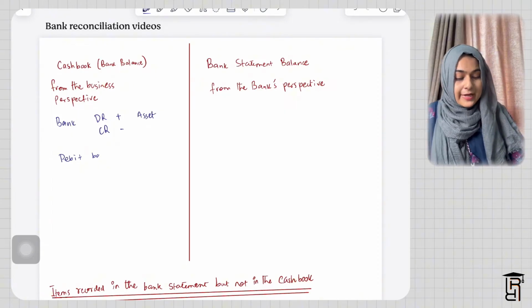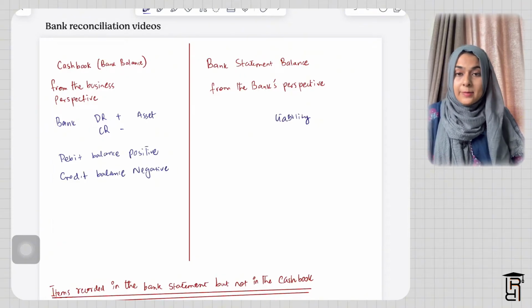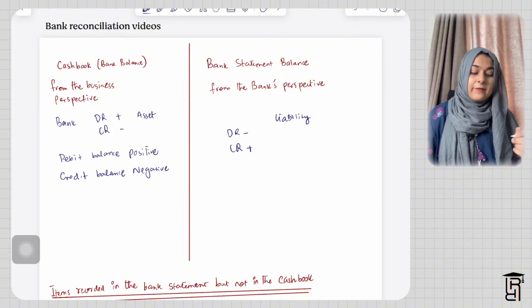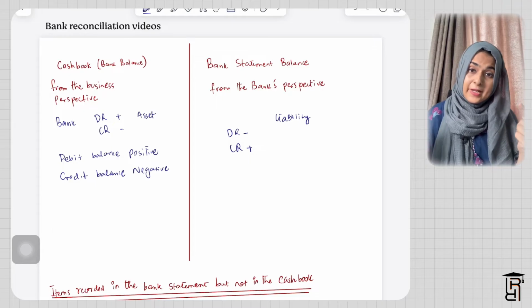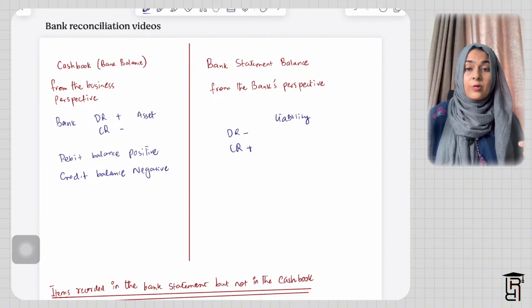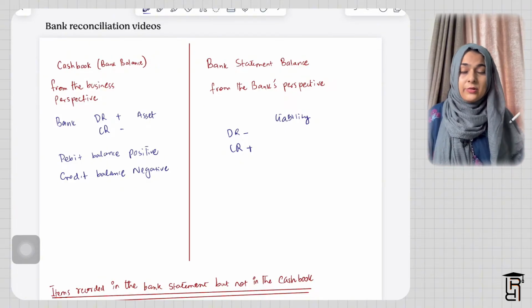It increases on the credit side, as liabilities do, and decreases on the debit side. Whenever we are spending money, the bank will debit our account in the bank statement. Whenever we are receiving money, the bank will credit our account.